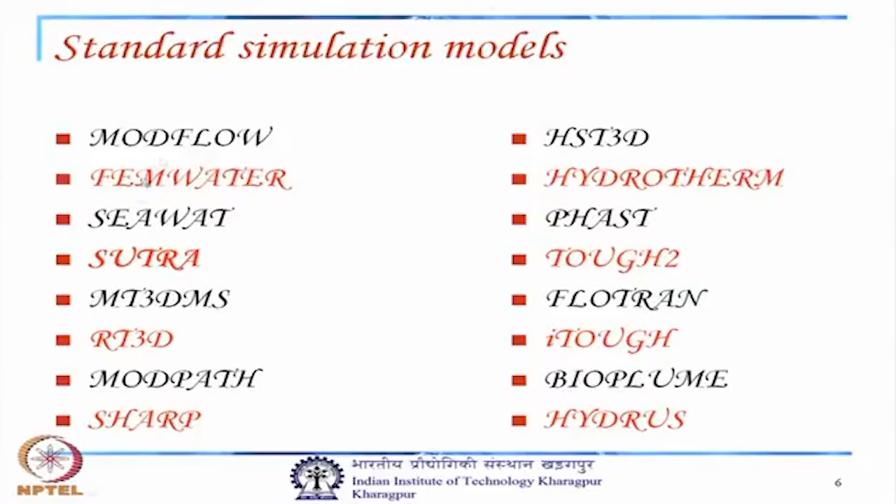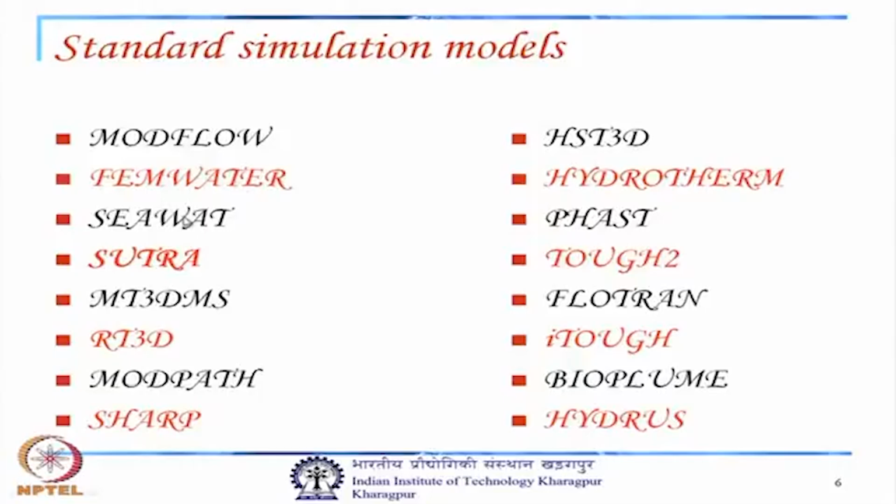So, the first model is MODFLOW. This is basically a 3-dimensional finite difference based flow simulation model. This is FEMWATER. This is a 3D finite element model for saturated unsaturated flow through porous medium.